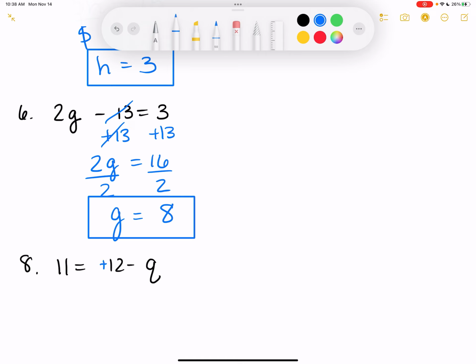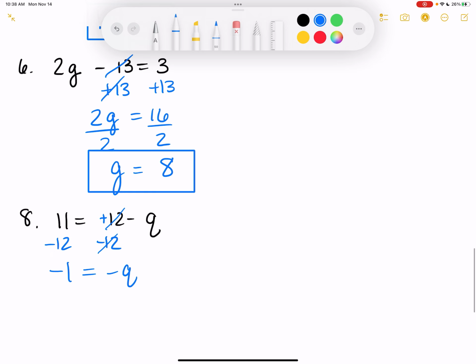So you do the negative 12 on both sides, and that equals negative 1. So negative 1 equals negative Q. Or you can think about this as negative 1 times Q if that helps.